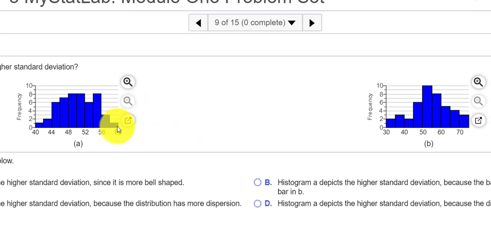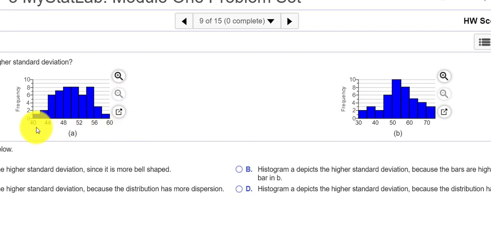From here, my data looks like it goes from 40 to 60, a difference of 20, versus 30 to 70, maybe even 75 or so, some number greater than 70. So my data is more spread out on graph B. There's more dispersion on graph B, so the standard deviation is going to be higher.